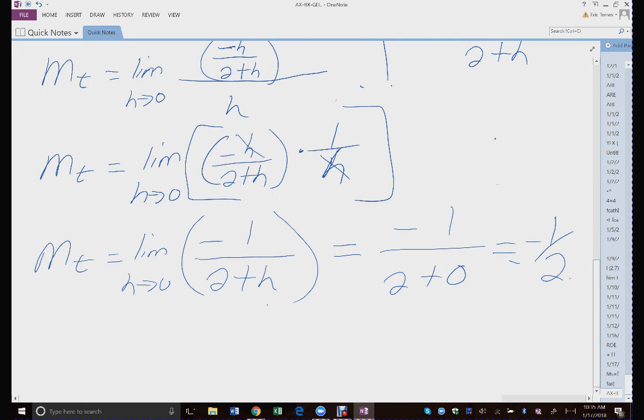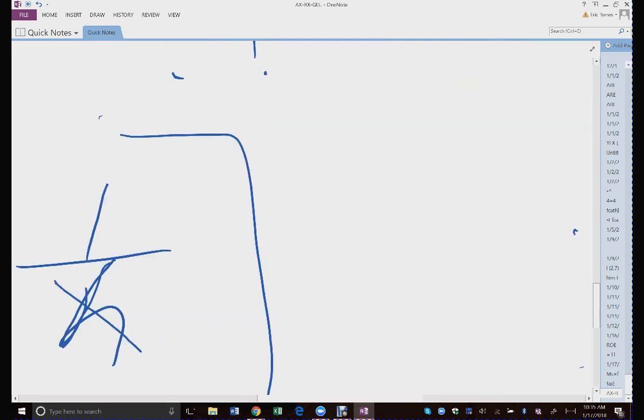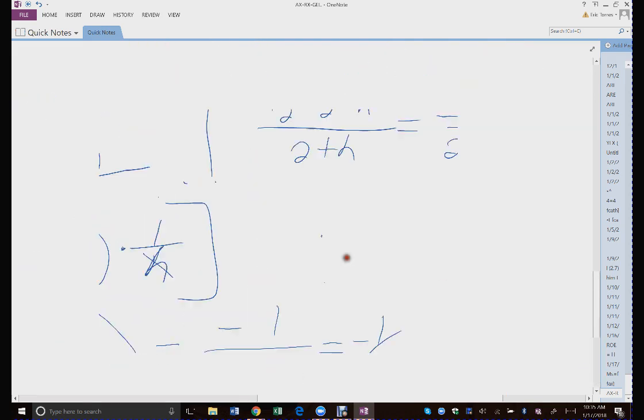So now I have the slope of my tangent line using the second definition of the limit of a secant line. So I'm going to go back up.